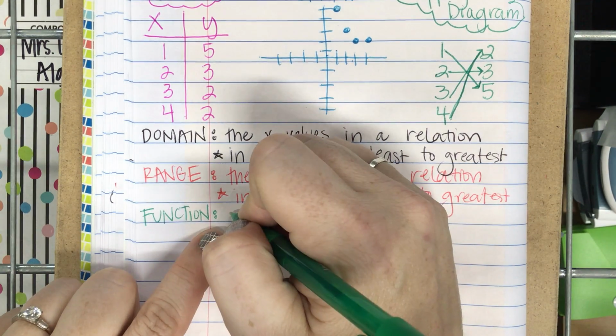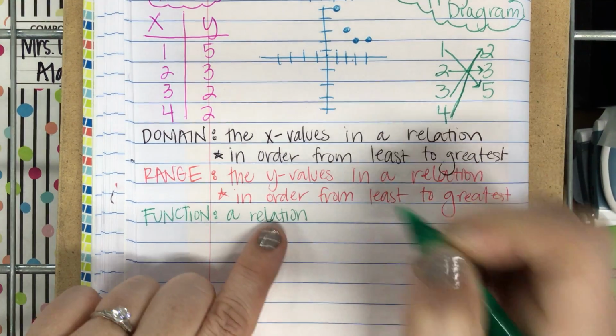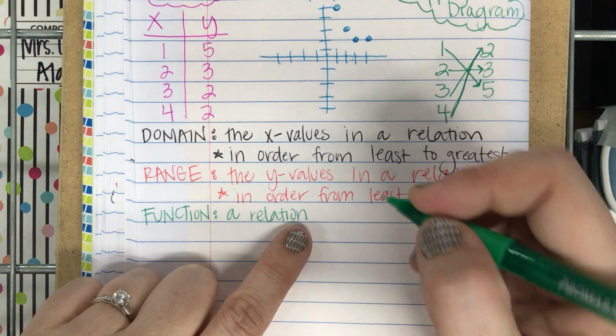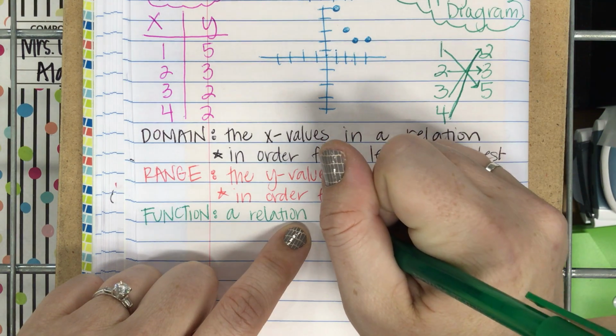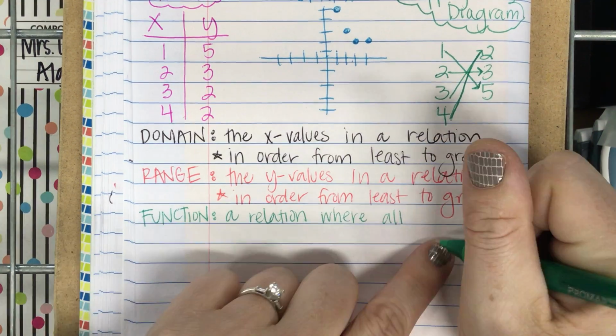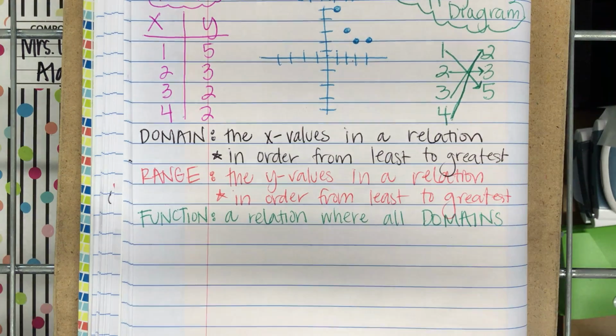A function is a relation. What does relation mean? Set of ordered pairs. A function is a relation where all domains, what's a domain?